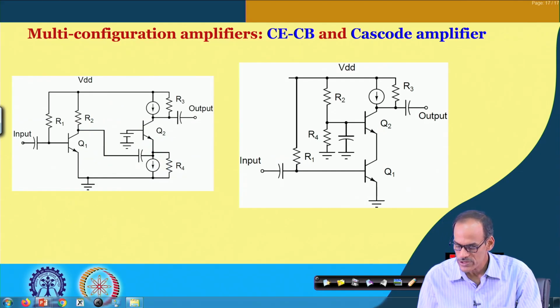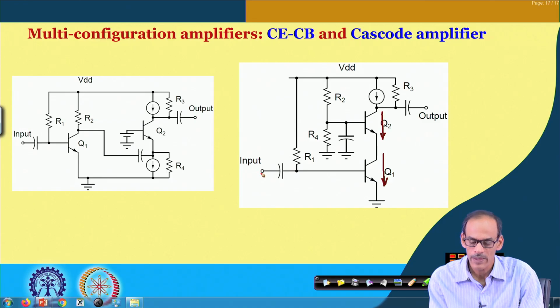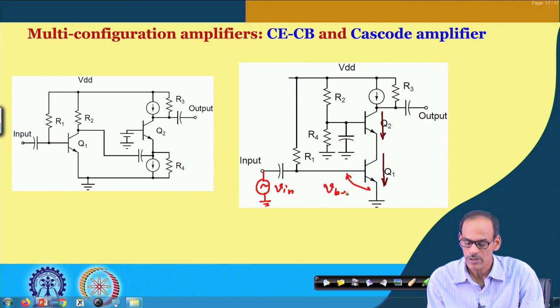So, what we said here is that the DC current of Q2 is supplying the required DC current of Q1. On the other hand, we are feeding the signal at the base of Q1, and we are expecting that this Vin signal will produce a signal VBE, that is supposed to produce a signal current, and that is gm into that VBE.